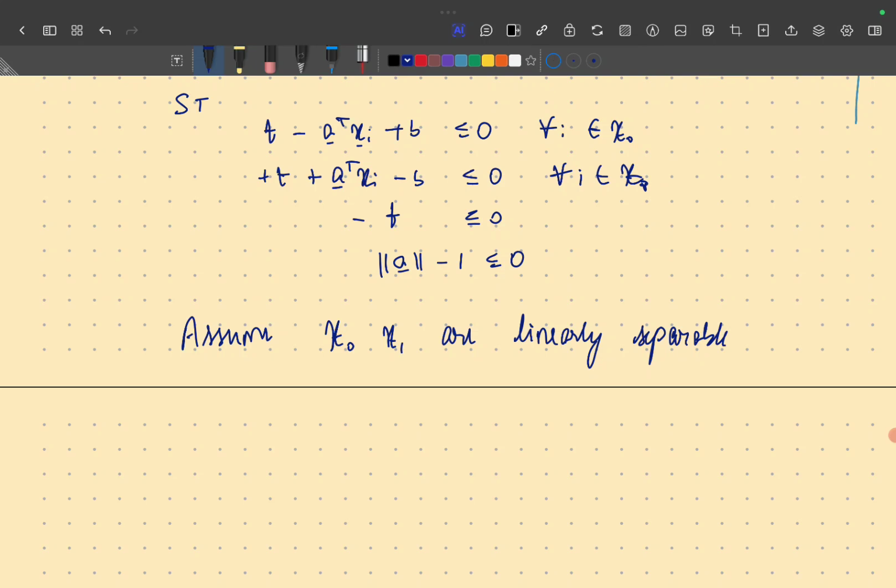That's equivalent, if you think about it, to saying that the convex hulls of x0 and x1 are non-intersecting, that their intersection is empty. It requires a little bit of thought to show that they're equivalent. It's not just one implies the other, but they imply each other.